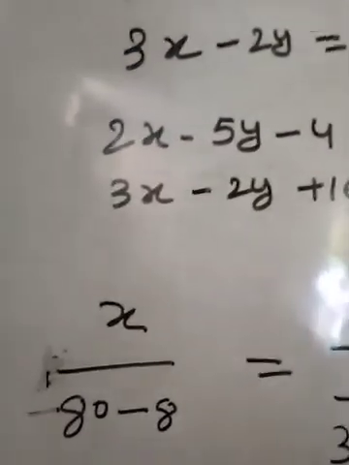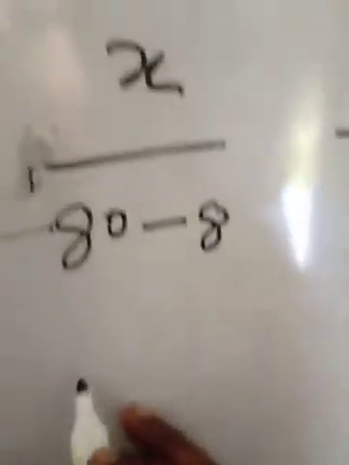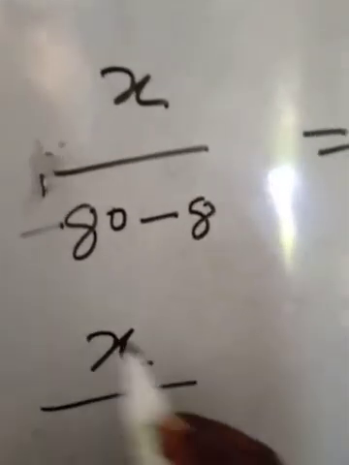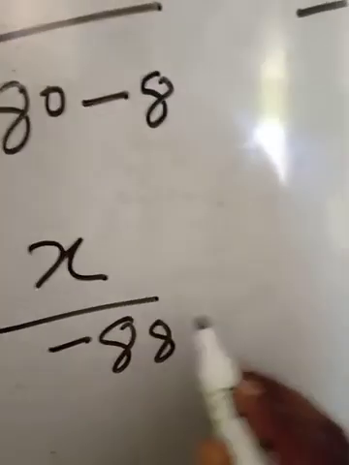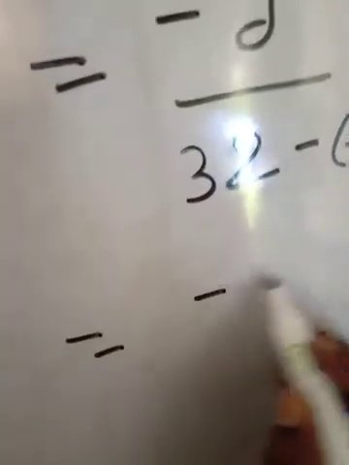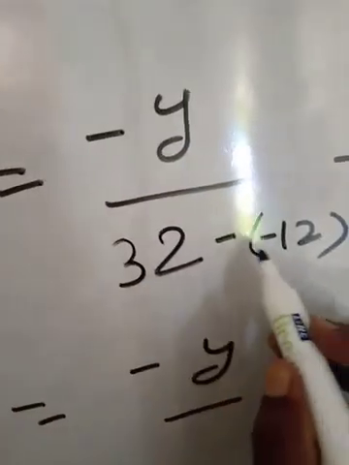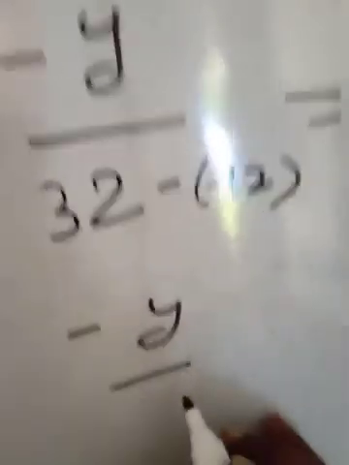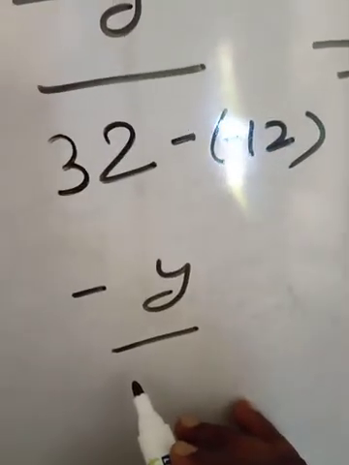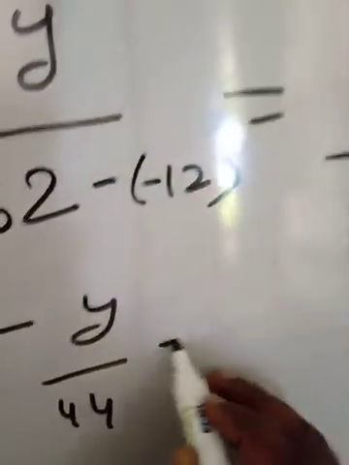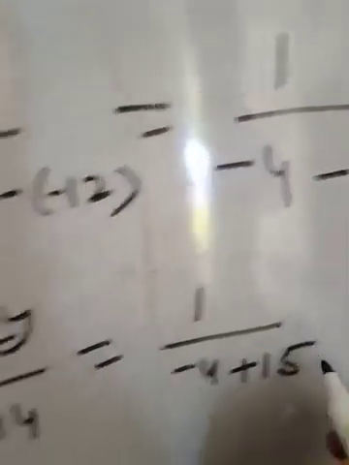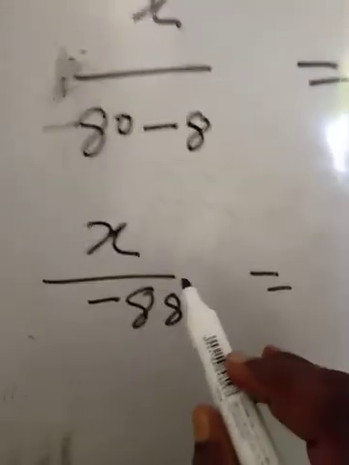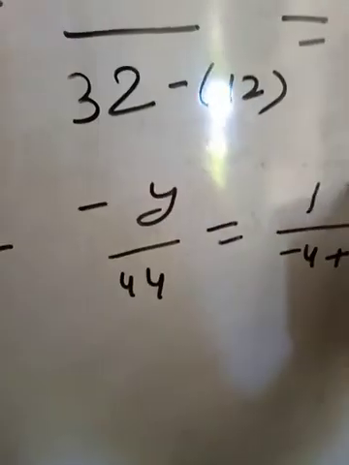Now simplify these terms. For x, minus 80 and minus 8 is minus 88. For minus y, minus 32 minus minus 12 makes plus, so 44, and there is 1 by minus 4 plus 15, which is 11.